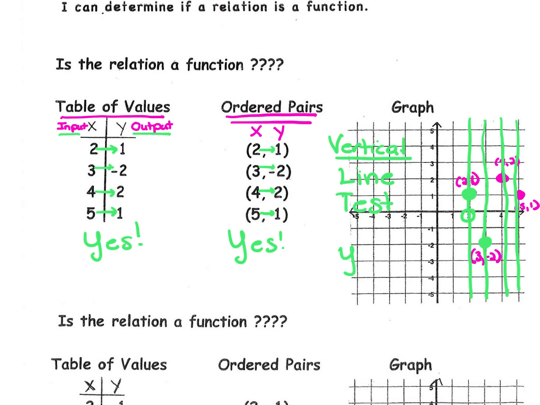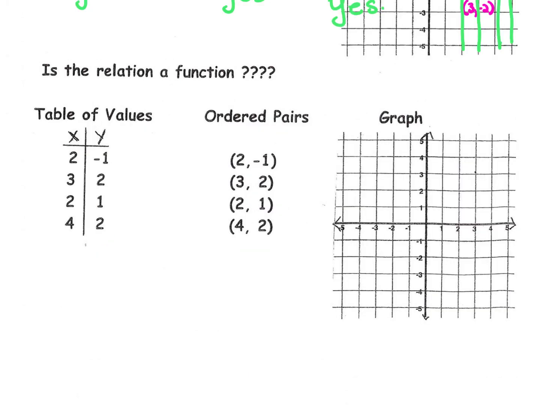So yes, this is a function as well. Let's take a look at what we're given below. We are given a table of values, some ordered pairs from that table, and on the graph, let's graph these ordered pairs that we've been given.